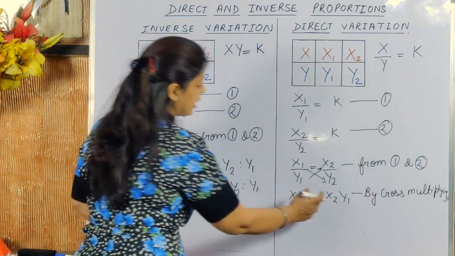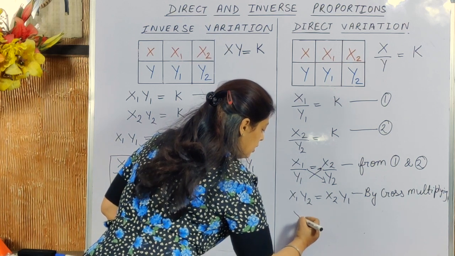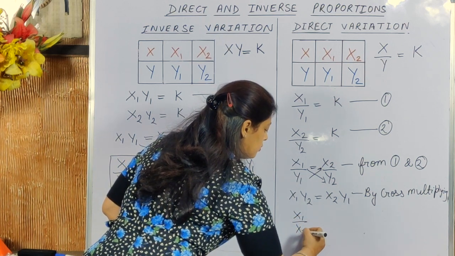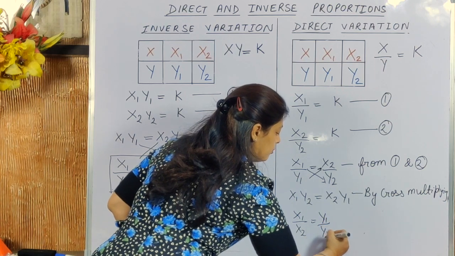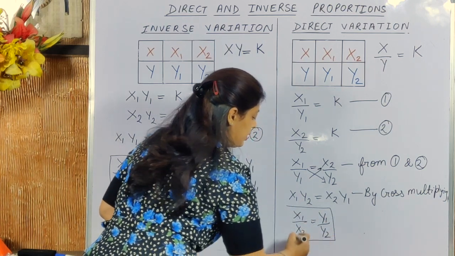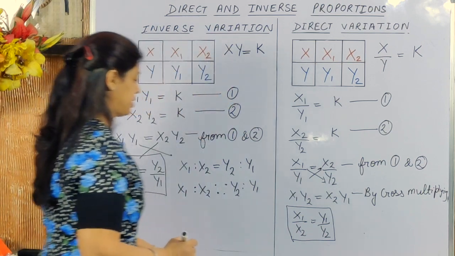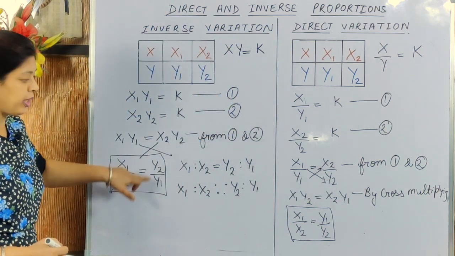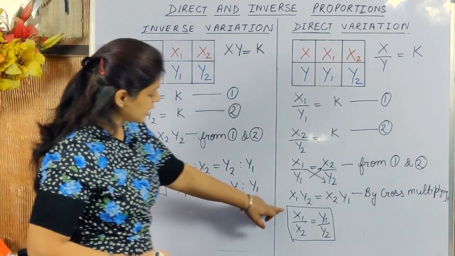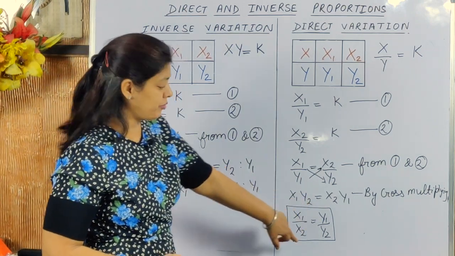Now if I bring the x values together, I can write this as x1 upon x2 is equal to y1 upon y2, and this is where the difference lies from inverse variation. In case of inverse variation, I have x1 upon x2 is equal to y2 upon y1. Here I have x1 upon x2 is equal to y1 upon y2.